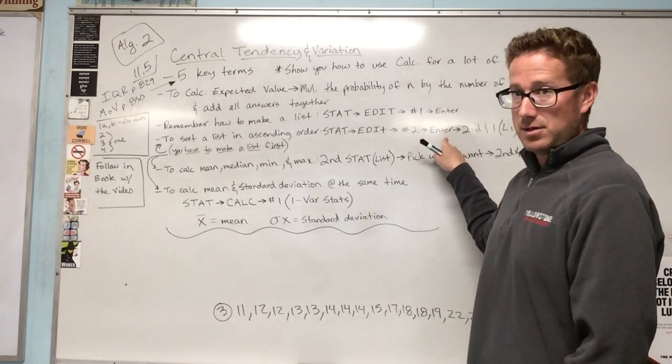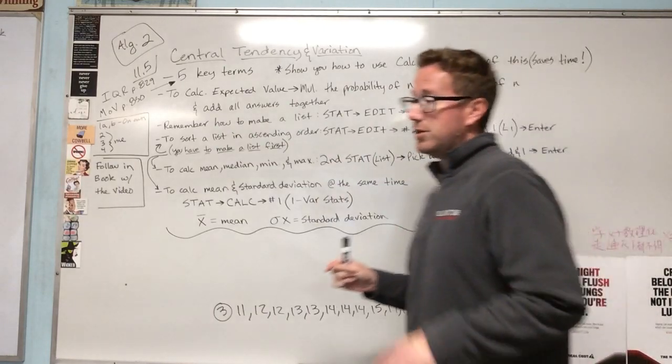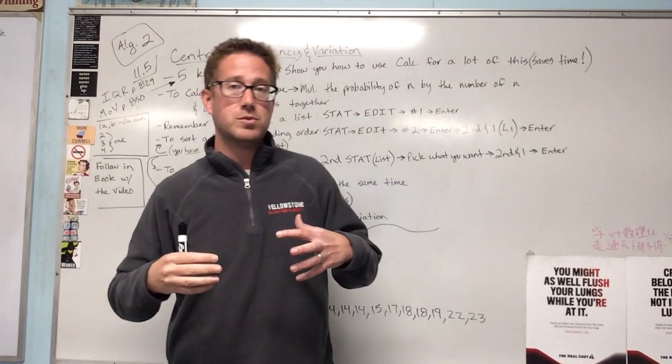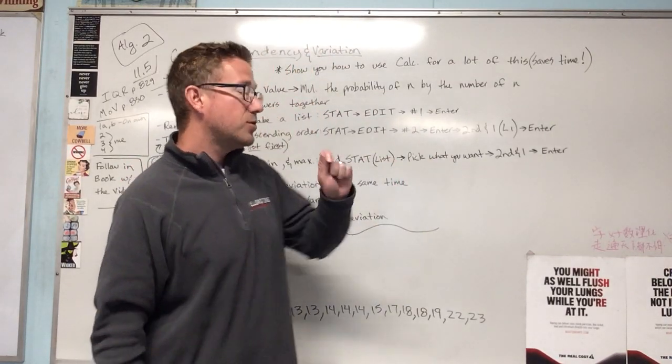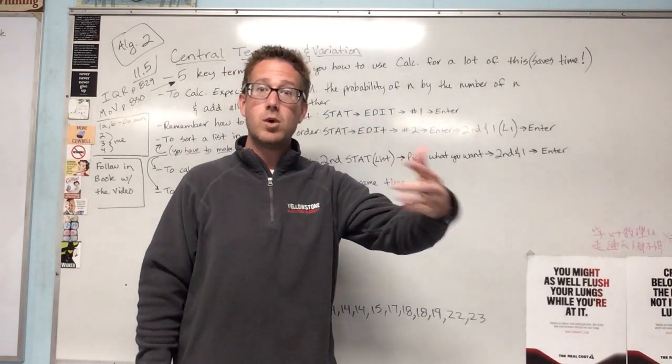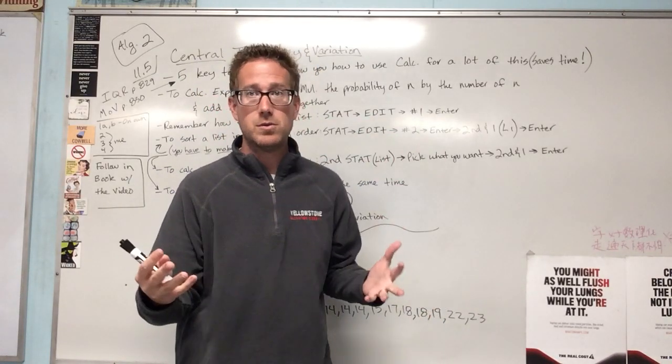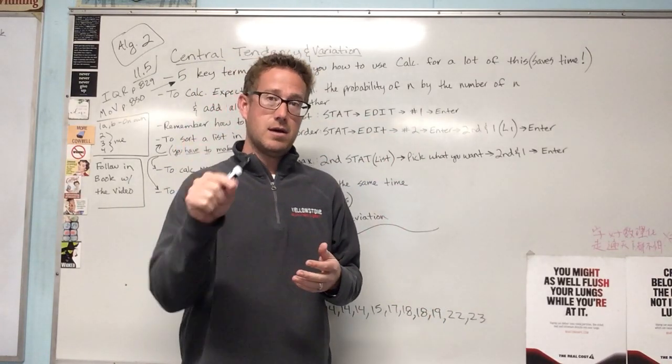Hit Enter. After you hit Enter, you're now going to be brought back to the regular, we'll call it the home screen, okay? But you have to tell it what to sort. It doesn't know that it needs to sort L1.